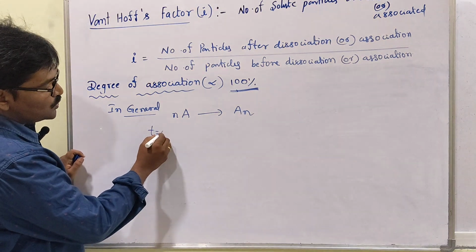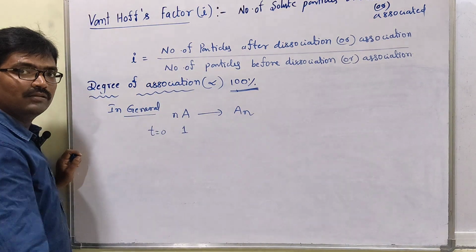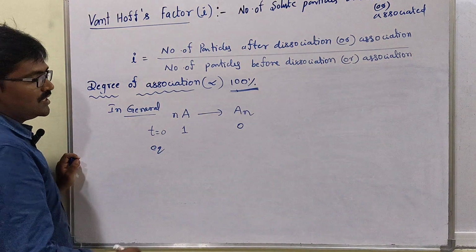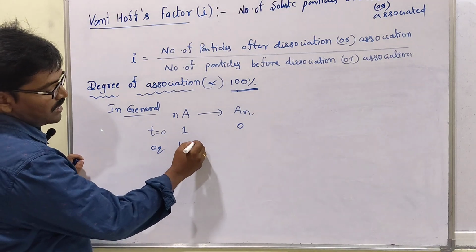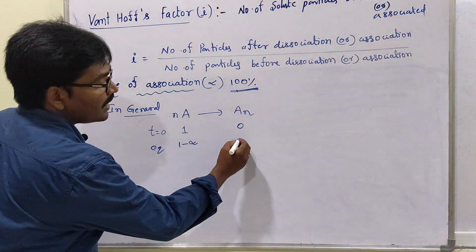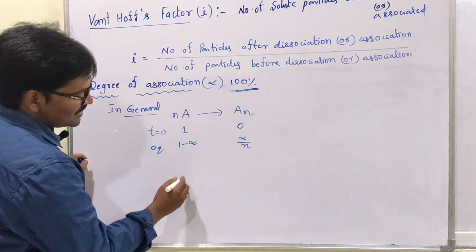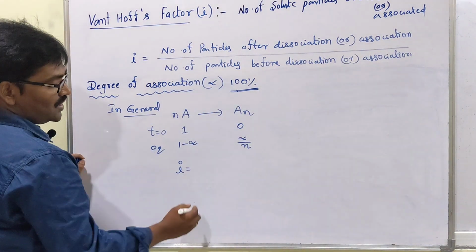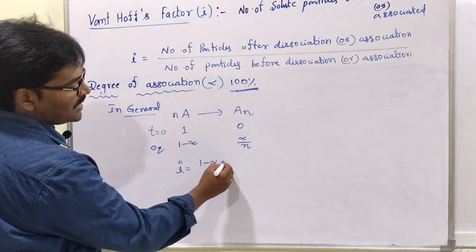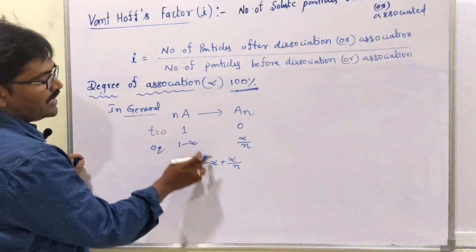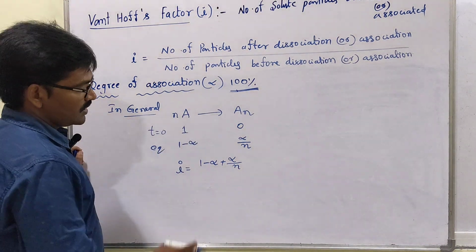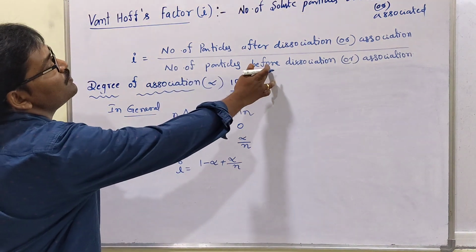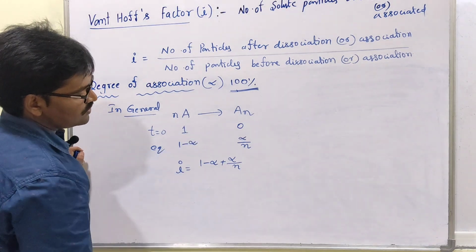When time t equals 0, we take it as one particle. Then after some time, when it reaches equilibrium, 1 minus alpha, then here alpha divided by n. So for the van't Hoff factor I, you have to find the total number of particles after association: 1 minus alpha plus alpha divided by n, divided by 1. Why divided by 1? Because the number of particles before association is 1. So that's 1.